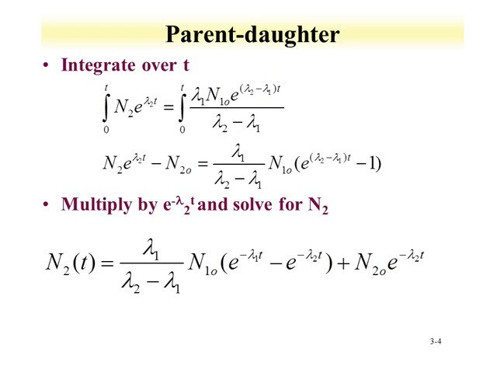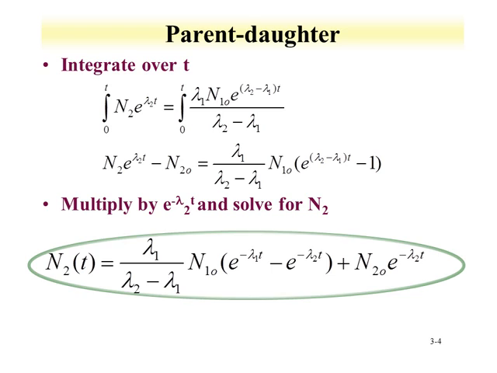We multiply this equation by e to the minus lambda 2 t, and we solve for N2. So we take this, and this is what our equation winds up becoming.